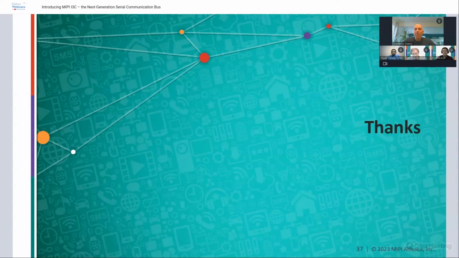No, it's a 7-bit address. This is a dynamic addressing, so it's only happening in that system and in a certain space and time. It's not that once you assign an address to a device, it stays there forever.